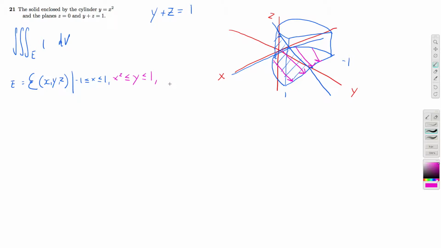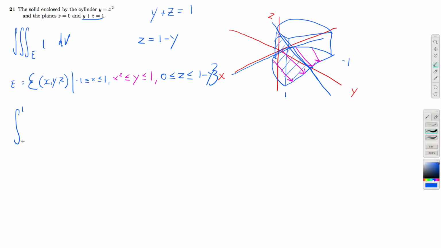And then Z is equal to 0, because we're dealing with the xy plane. Let's do this in a different color. So it's going to be 0 less than or equal to Z less than or equal to, and do you see this plane here? It's going to be going up and hitting that plane. So we have to rewrite this with respect to Z. So it's going to be Z equals 1 minus Y. And then we just write it out.